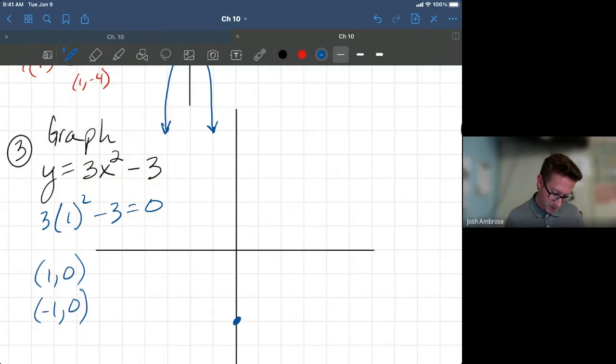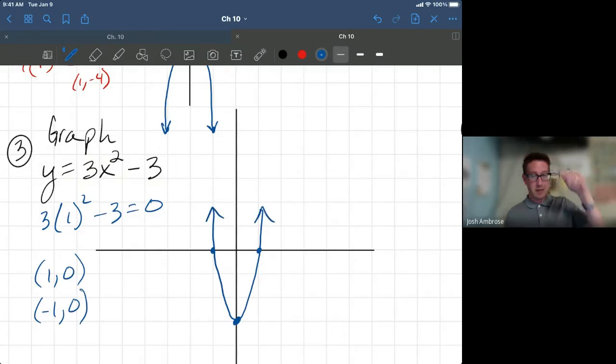Okay, so let's plot those in there. We go positive 1 at 0, negative 1 at 0. So there is the graph right there. Okay, so now you're going to get in this habit. You're going to understand a little bit more, save you time, save you some space.